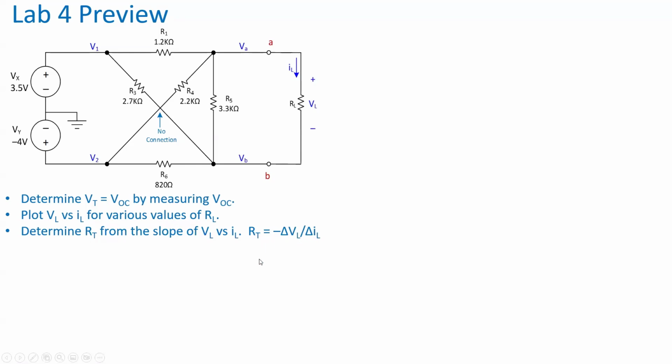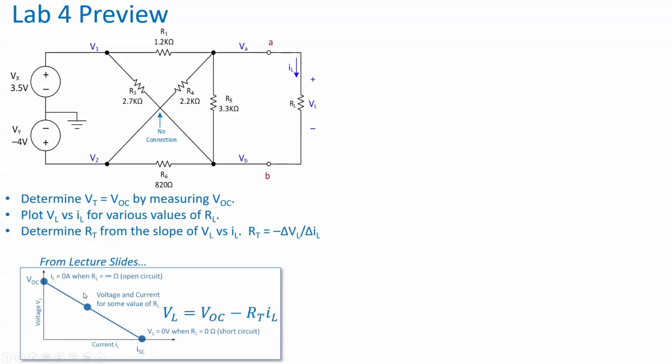Remember, this is how we defined Thevenin resistance in class. It was the slope of this line. This was out of the slide that I showed you when we talked about Thevenin equivalent circuits. I put 3 dots on here. You're going to have more than 3 dots, and they're going to form a straight line. That slope is negative RT.